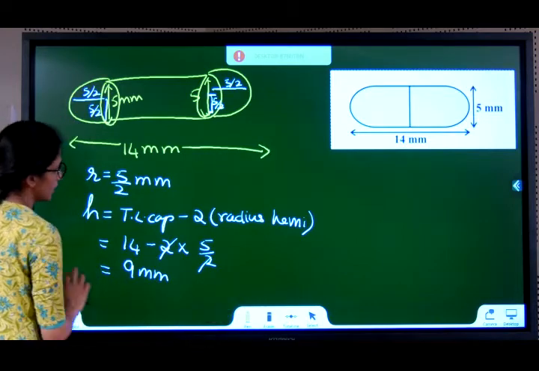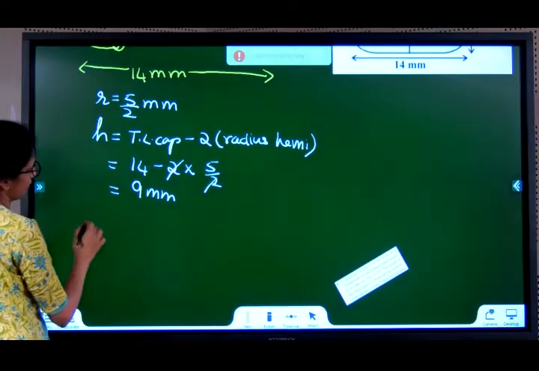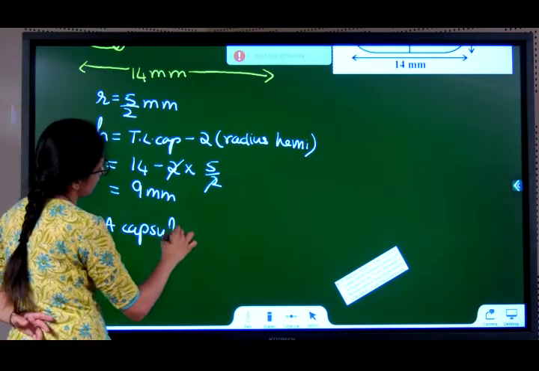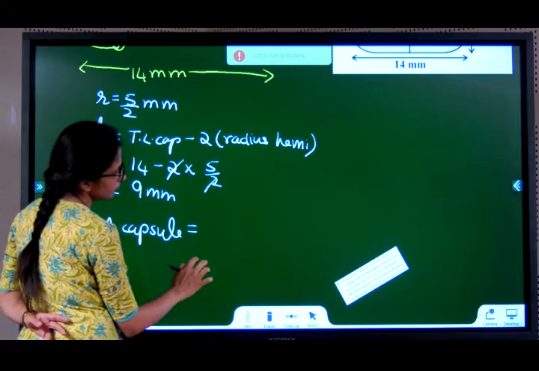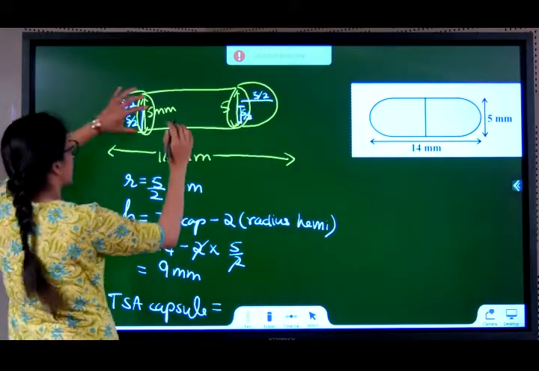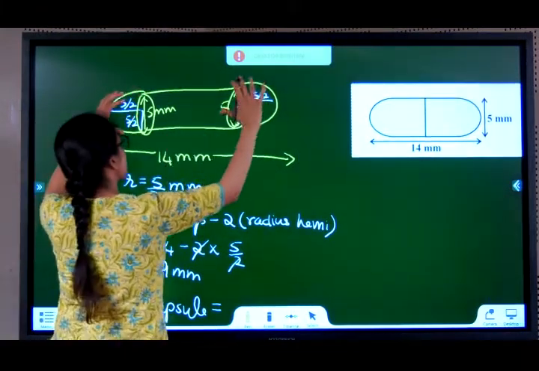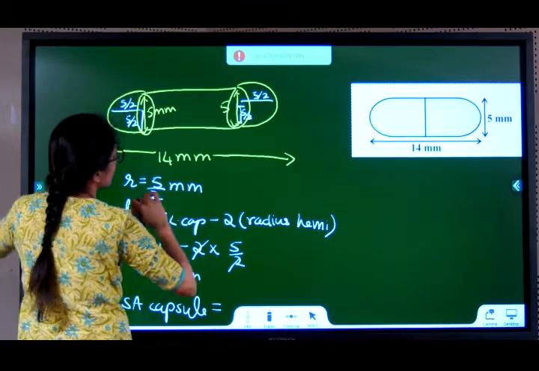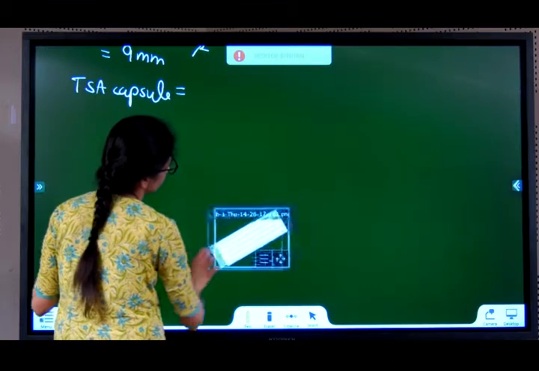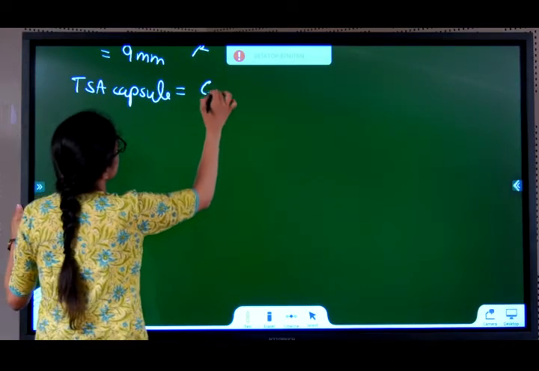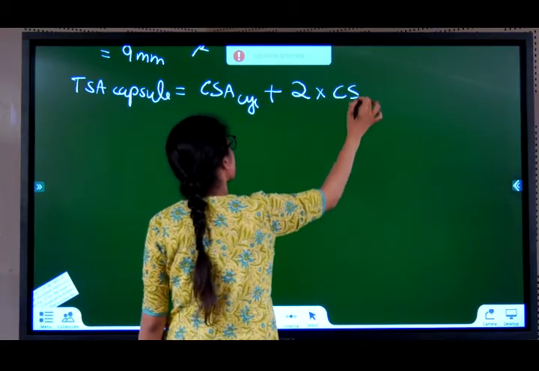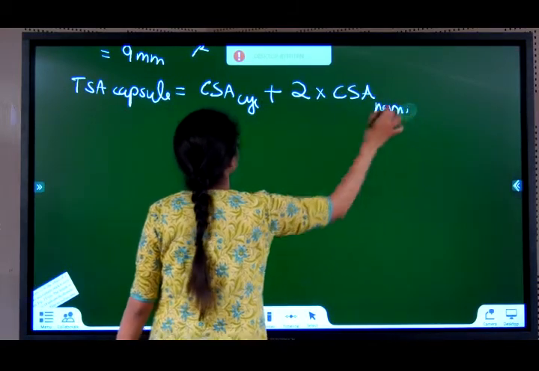You have to find the total surface area of the capsule. So TSA of capsule will be, how do we calculate this? You have to paint this whole part here, CSA of cylinder plus 2 into CSA of hemisphere.